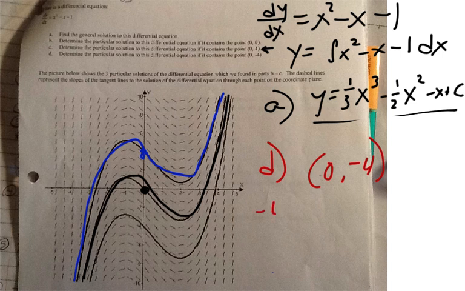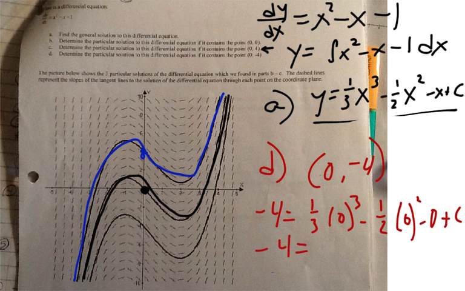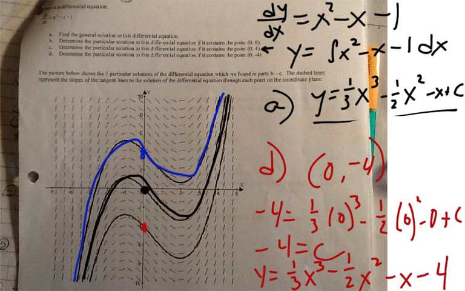So if I put a -4 for y and 0 for x, that gives me a C value equal to -4. So the equation would be y equals 1/3 x cubed minus 1/2 x squared minus x minus 4. And that point is down here on the graph, so that gives this solution.